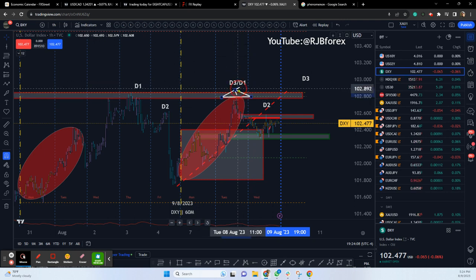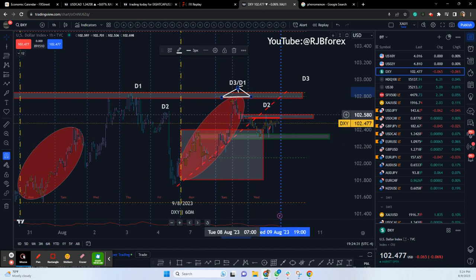So that triangle I'm just drawing there is just to highlight that it's peaked out, right? It's a topping pattern. So it's a V-shaped topping pattern. So that is the start of the presumed direction of this trend. So we've broken out, we failed, and we're expecting the reverse, right?